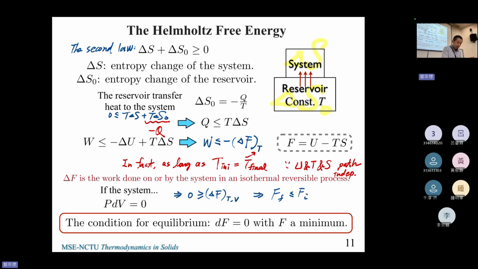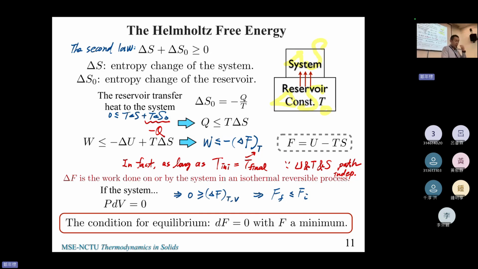It means that F is always trying to decrease, even without work. So the condition for equilibrium is no change: whenever F initial and F final are equal to each other, they won't change.